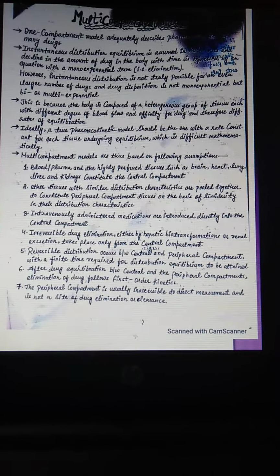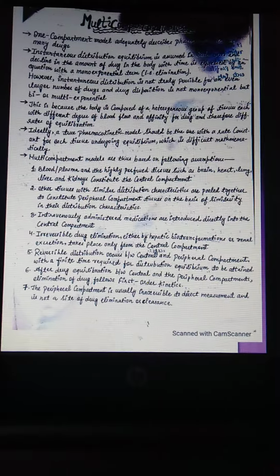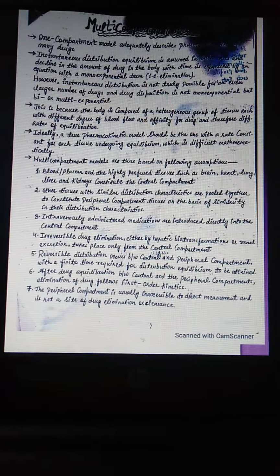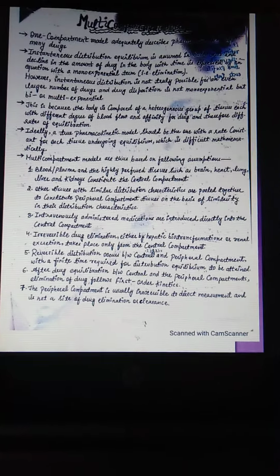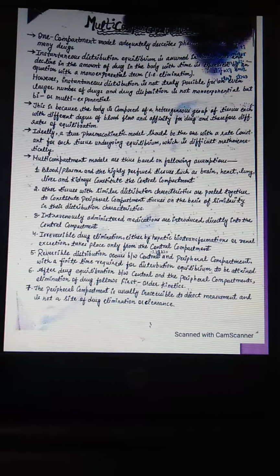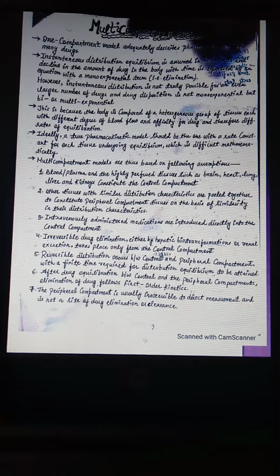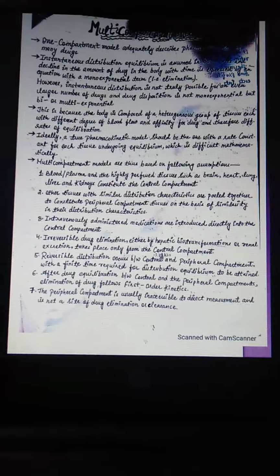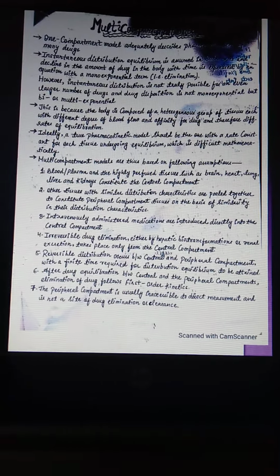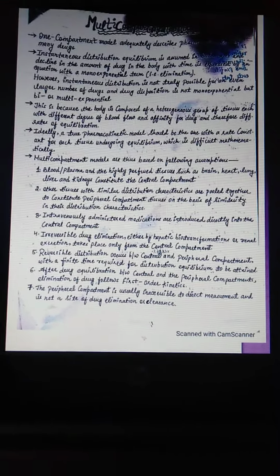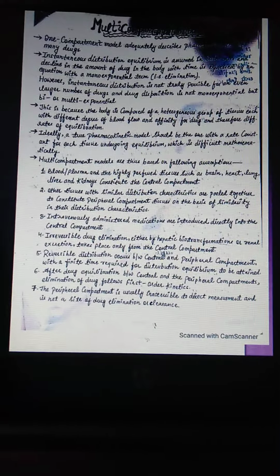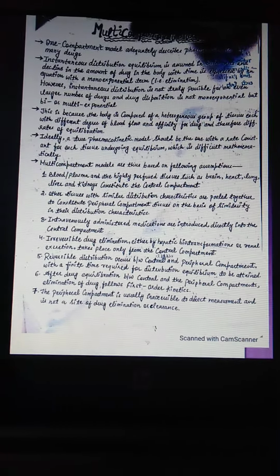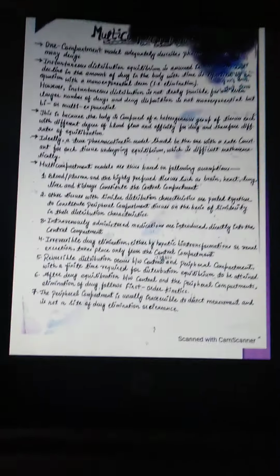IV administration medications are introduced directly into the central compartment because they are rich in highly perfused tissues. Irreversible drug elimination takes place, with reversible distribution between the central and peripheral compartments and a finite time required for distribution equilibrium. After drug equilibration between central and peripheral, the elimination of the drug follows first order kinetics.